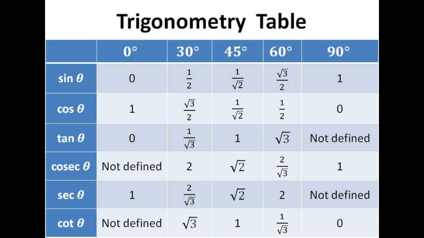I said cos second. So, as you know, the reciprocal of cos is what? Right, sec. And the last one is tan. Remember, the last one is tan. So the reciprocal of tan, the rest one, is cot.